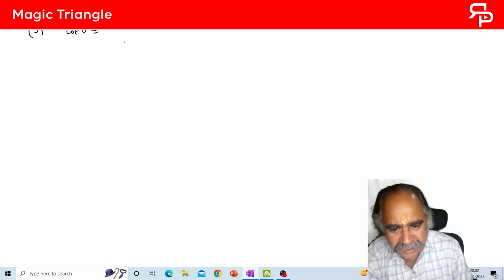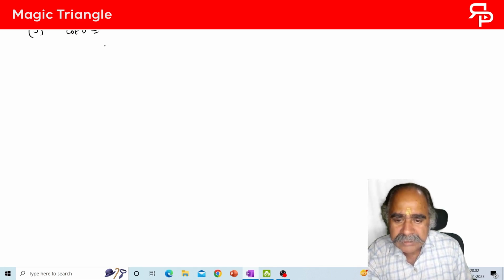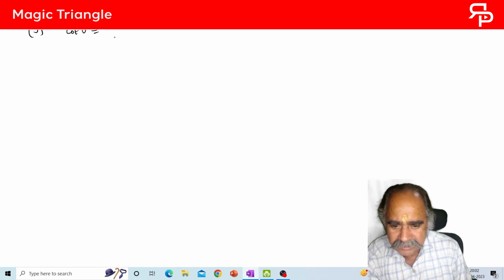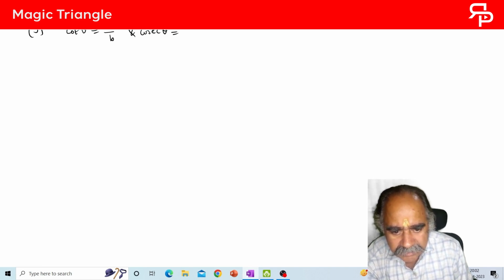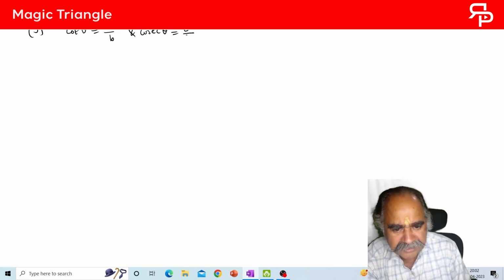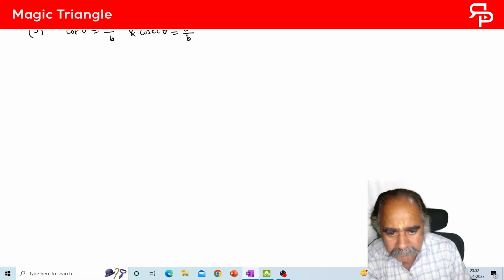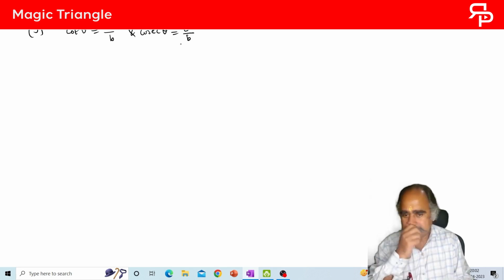From that right angle triangle only, cot theta is adjacent side, which is A, upon opposite side, which is B. And what is cosec theta? It is hypotenuse, C, divided by the opposite side to angle theta, which is B.